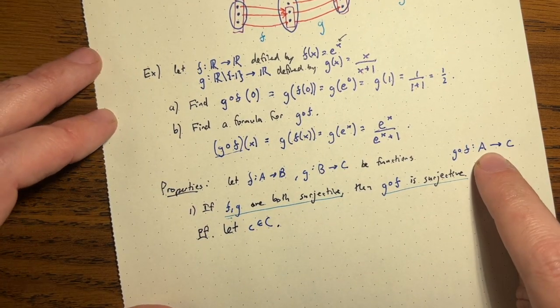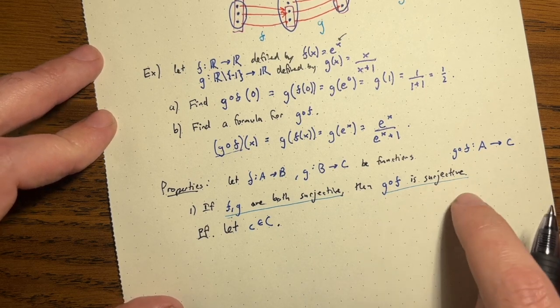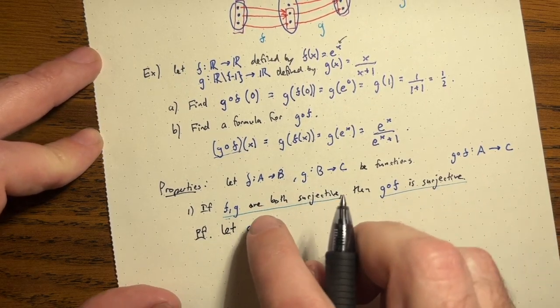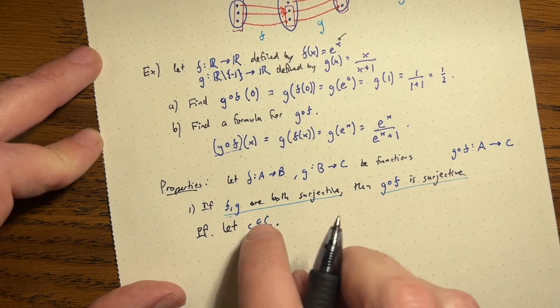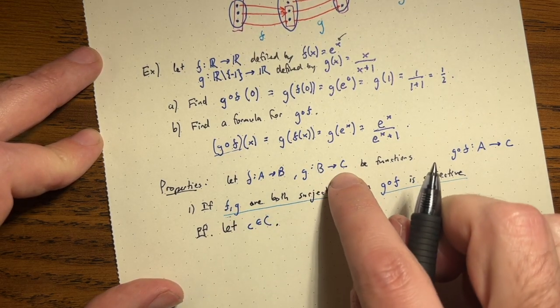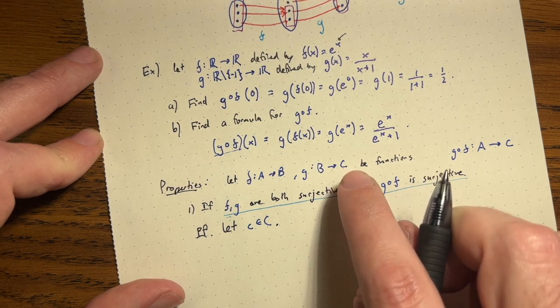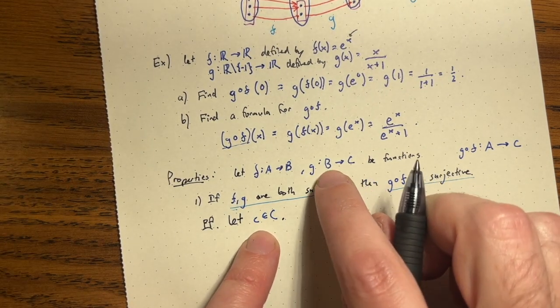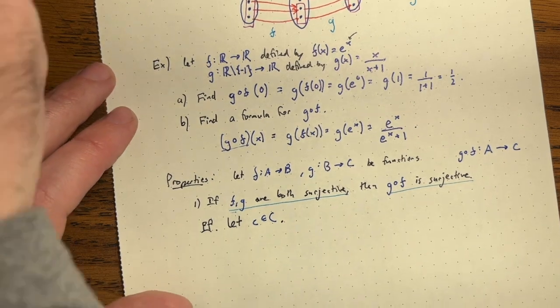Well, how do I know that? I mean, I don't from first principles, but let's use what we're assuming here. So I know that g is surjective. What does that mean? It means for my element here, I can find something in B at least. So let's write that.